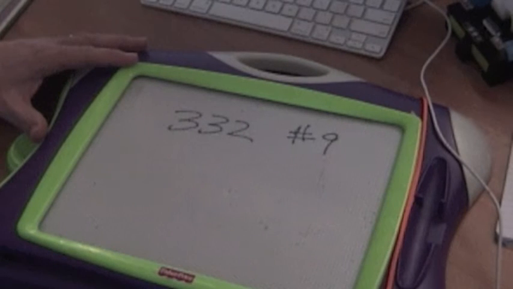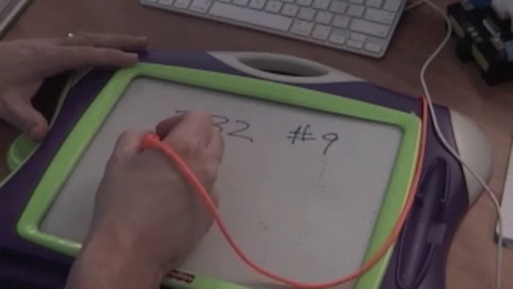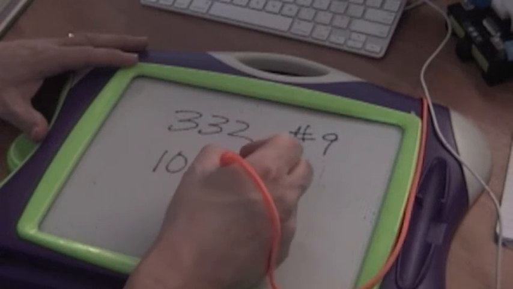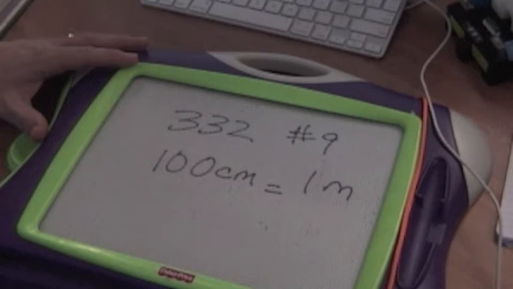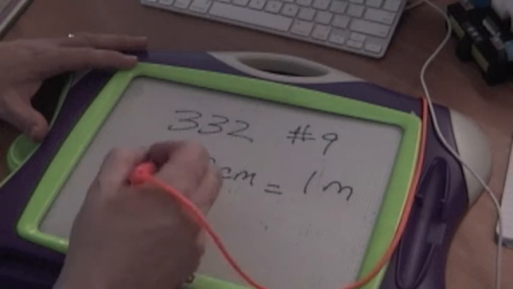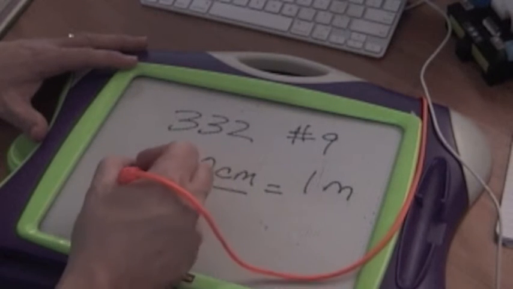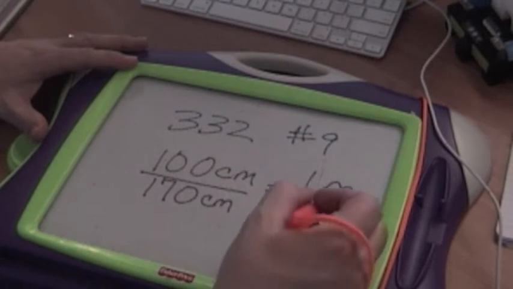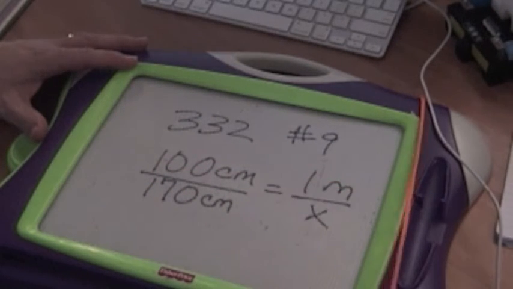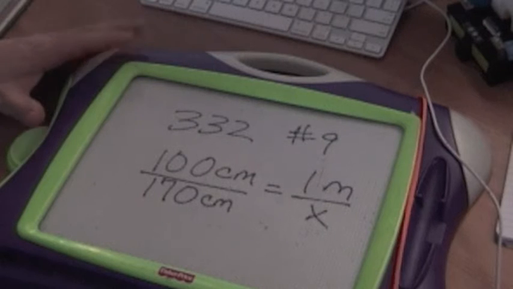It states, if 100 centimeters equals 1 meter, then 170 centimeters equals m meters. So it's telling us 170 centimeters, we need to find out how many meters that equals.